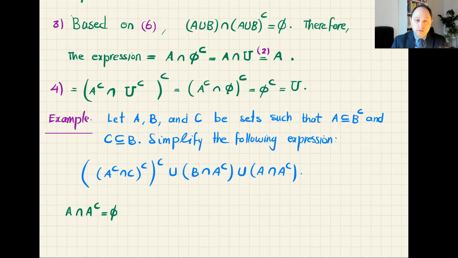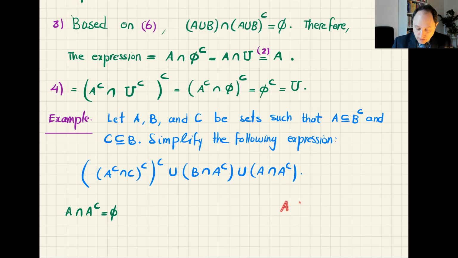How can I do that? Isn't it that since A is a subset of B complement, then B is a subset of A complement? Exactly. So that is the first starting point. So let me review this. Do you remember when we were talking about subset relation?